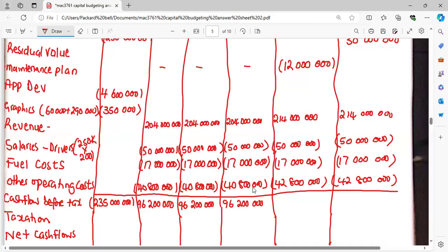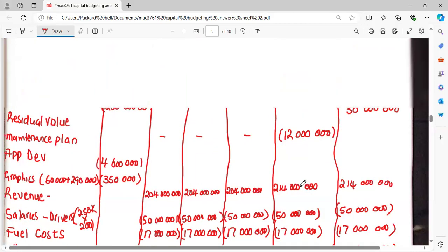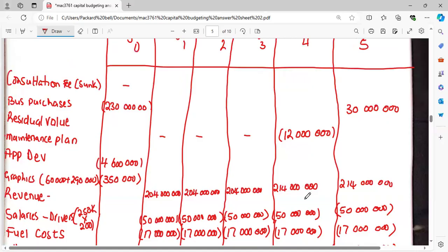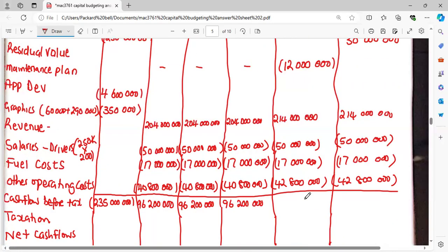So then we do this other column. I think these ones are different. 116,200,000 on here. Yes. Year 4. 116.